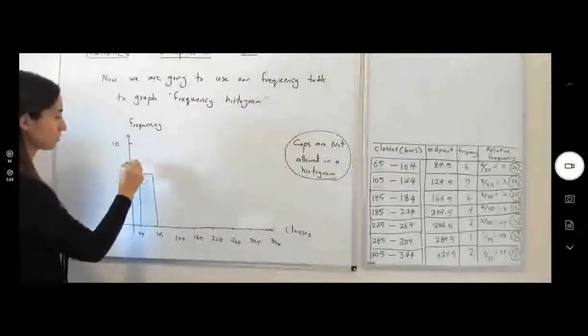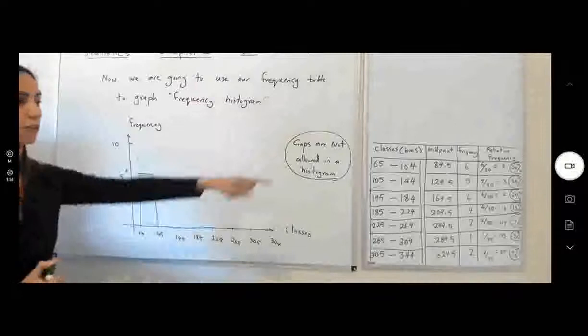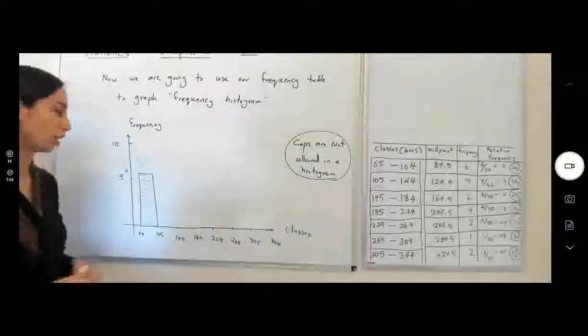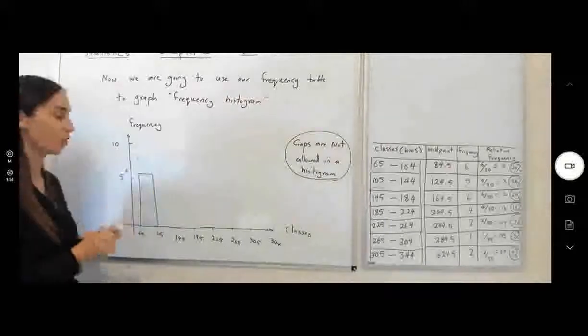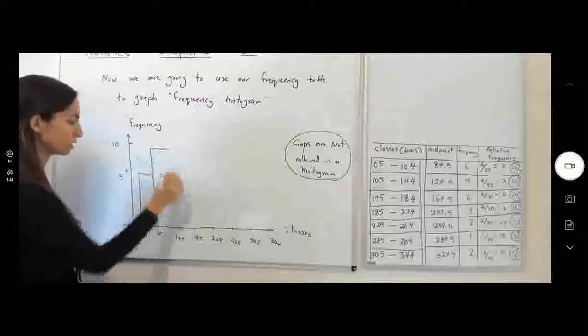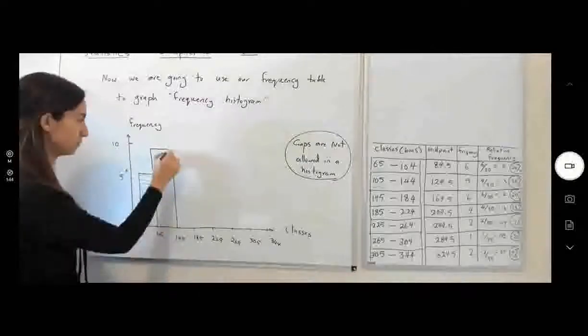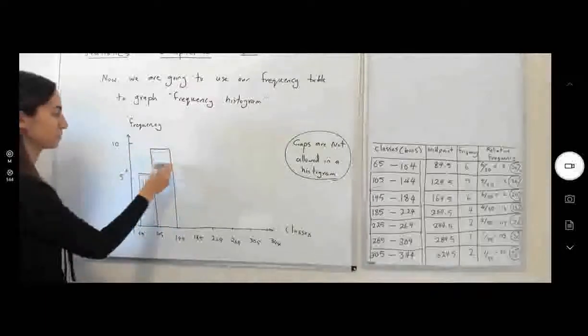What about the second class? The frequency of the second class is 9. So your second bar stops at 9. We continue going up and we stop at 9. Second class.